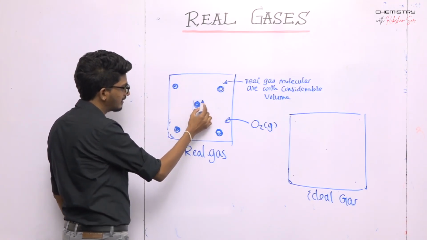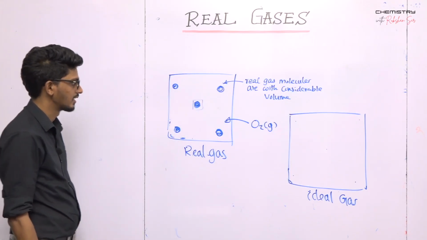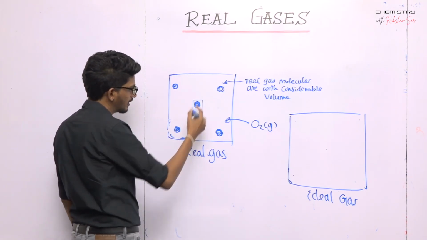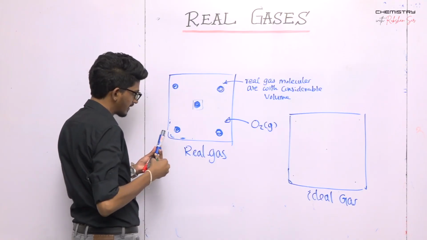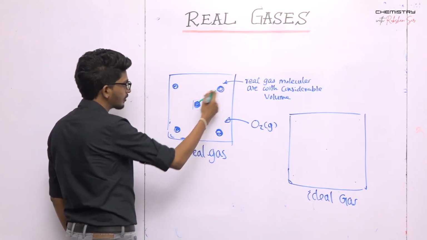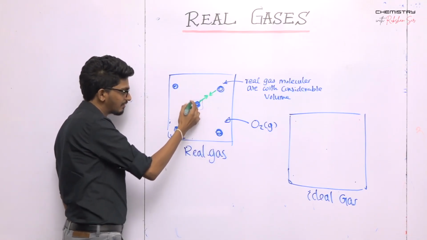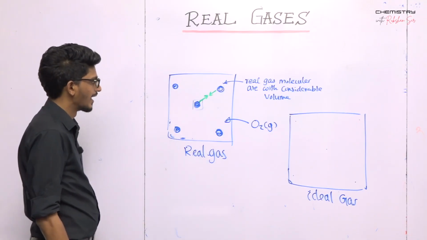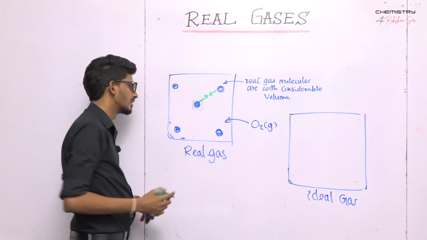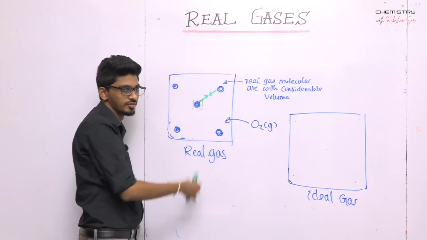So attractions and repulsions may occur. Let's say this one will attract to this one, or if they are very close, this one will repel from the others. So attractions and repulsions will be there with real gas molecules, as they feel the existence of the other gas molecules.